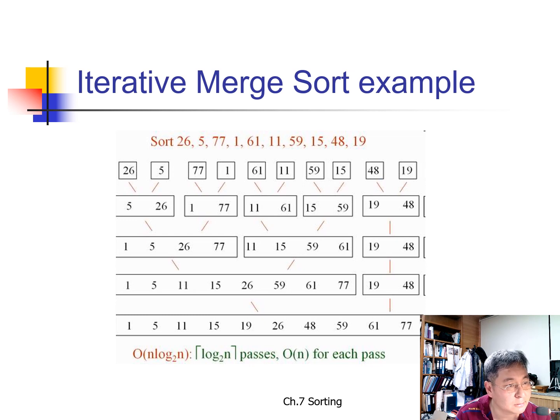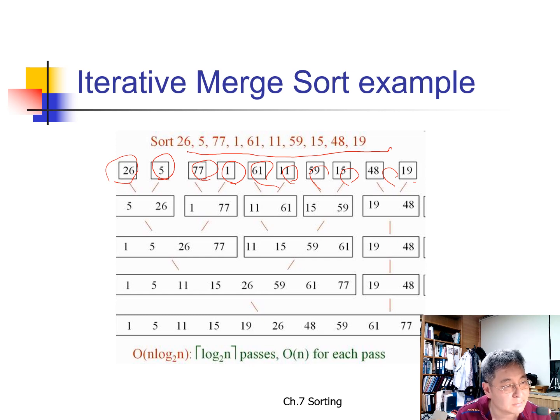These are the given data sets here. So we will start from the size 1 single data sets here, and then we will merge these single data to make size 2 merged data sets. Okay, so if we merge 26 and 5, 5 goes first and the 26 goes next.